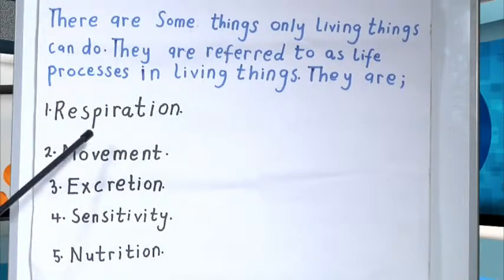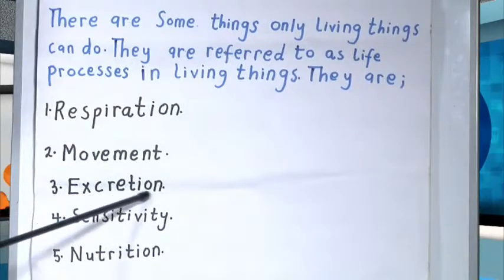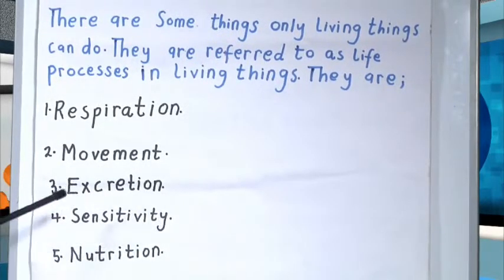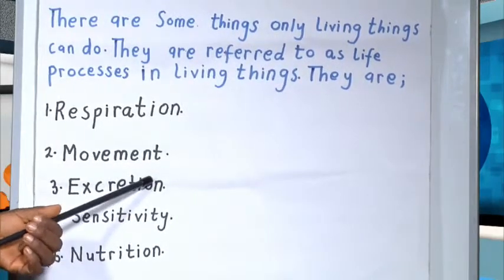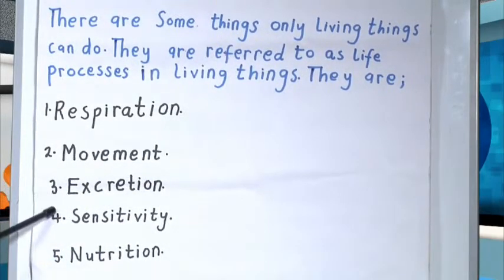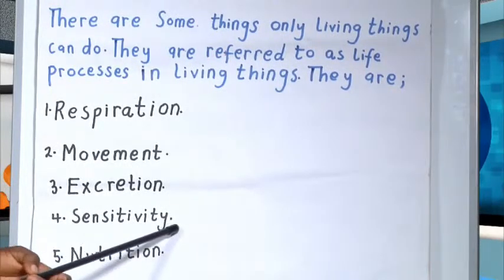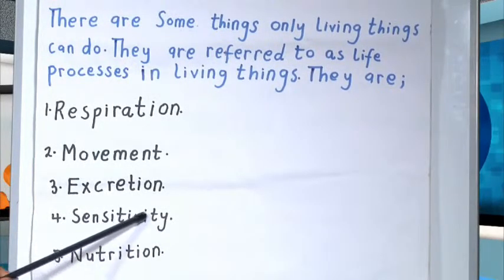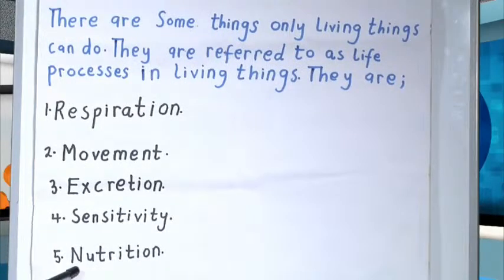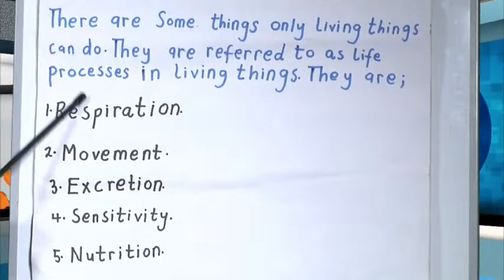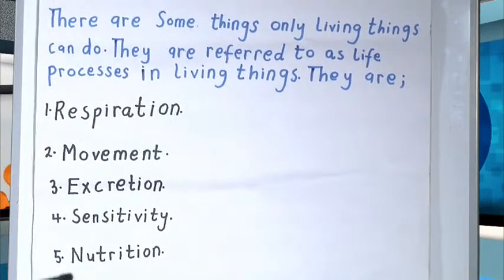Locomotion. 3, excretion. 4, sensitivity. And the last one, 5, is nutrition. So these are the life processes in living things.